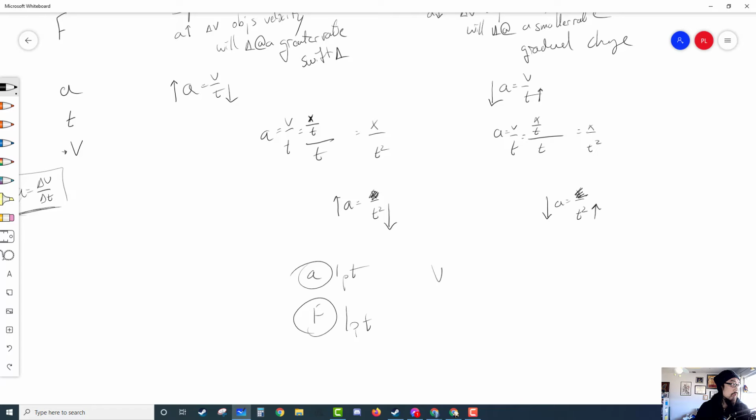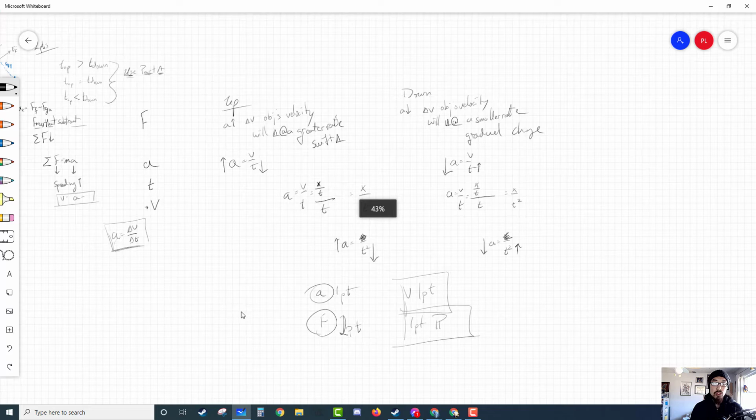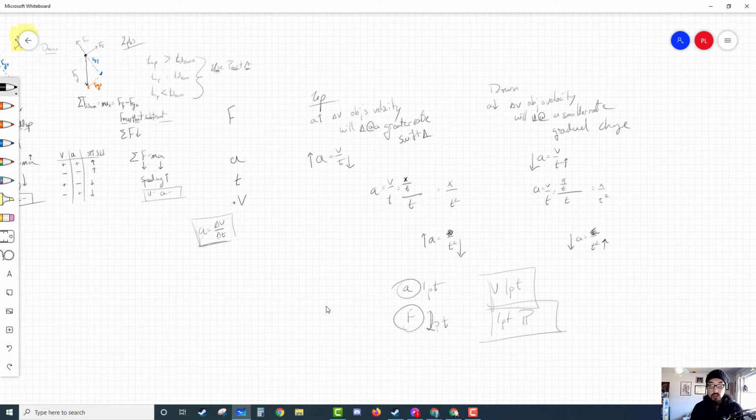And you get 2 points for talking about the force, excuse me. So 2, 3, 4, and you get 1 point for having a good paragraph. All right. Okay, so this is just how I approached this problem using equations.